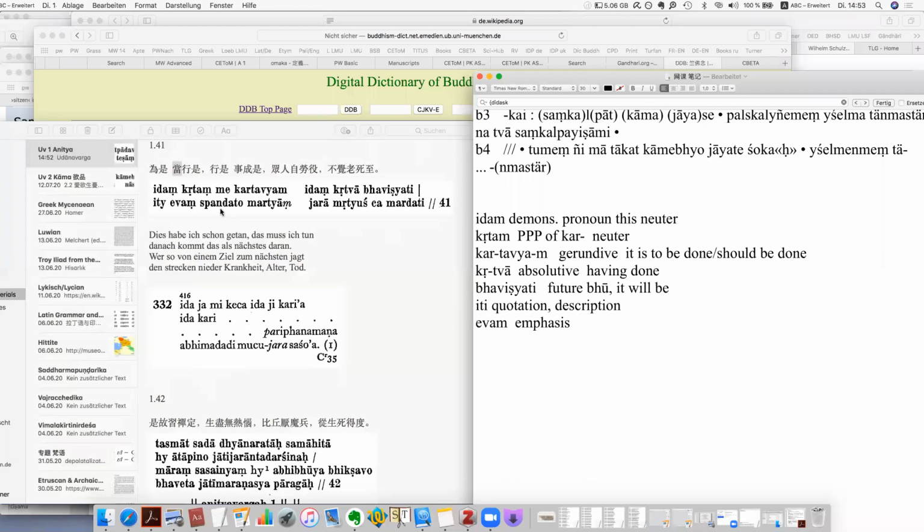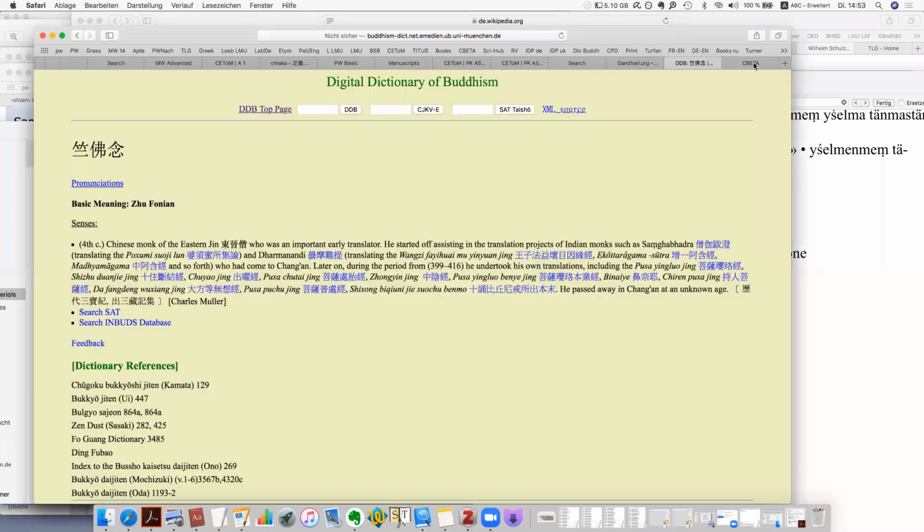And then spandato, actually spandatus comes from, this is a present participle from spand, and spand actually means going here and there, so kind of a very busy person.